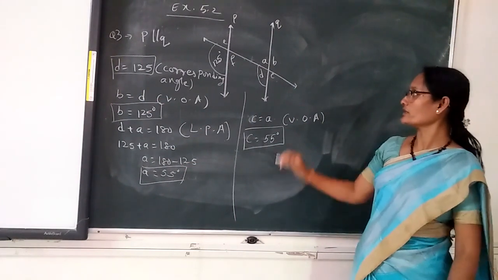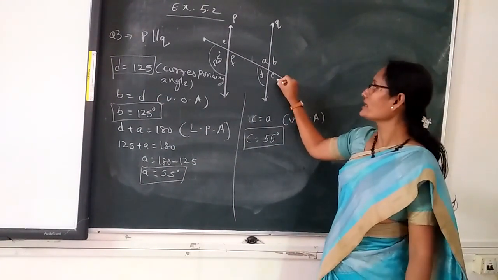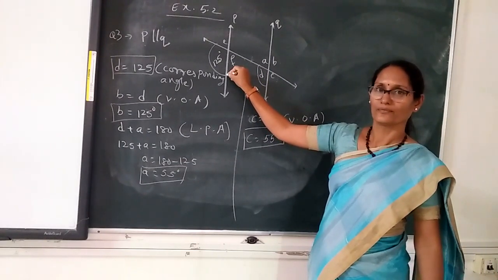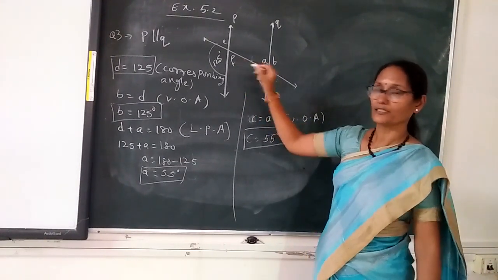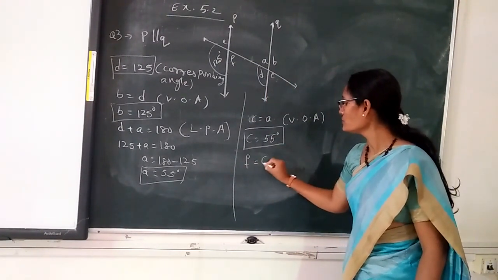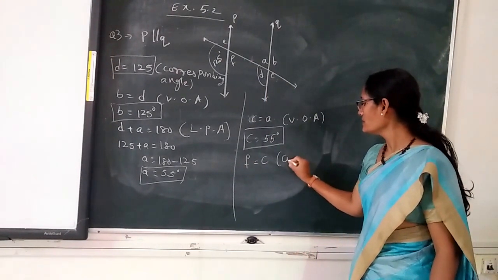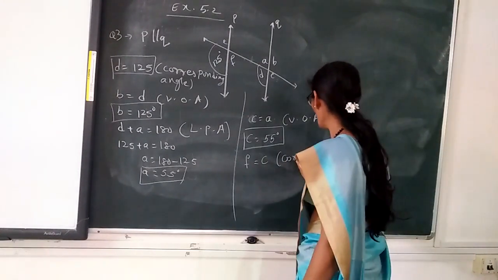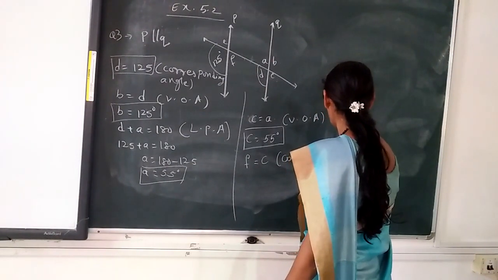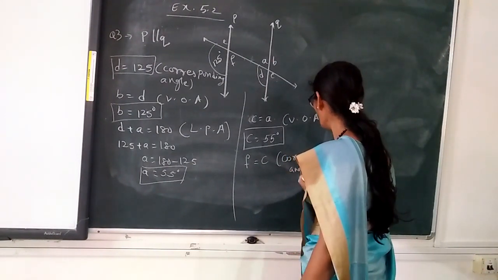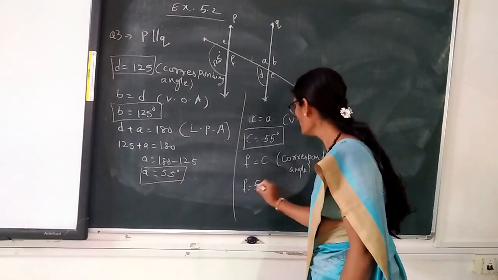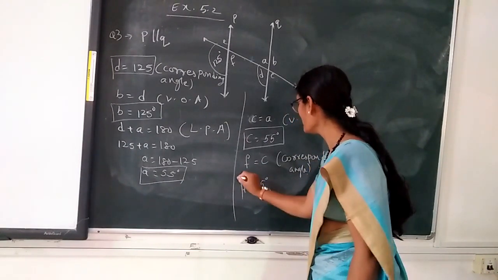Now if you observe angle C and angle F, which type of angles are they? They are corresponding angles. So you can write F equals C. Reason: corresponding angle. So F will be equal to 55 degrees.